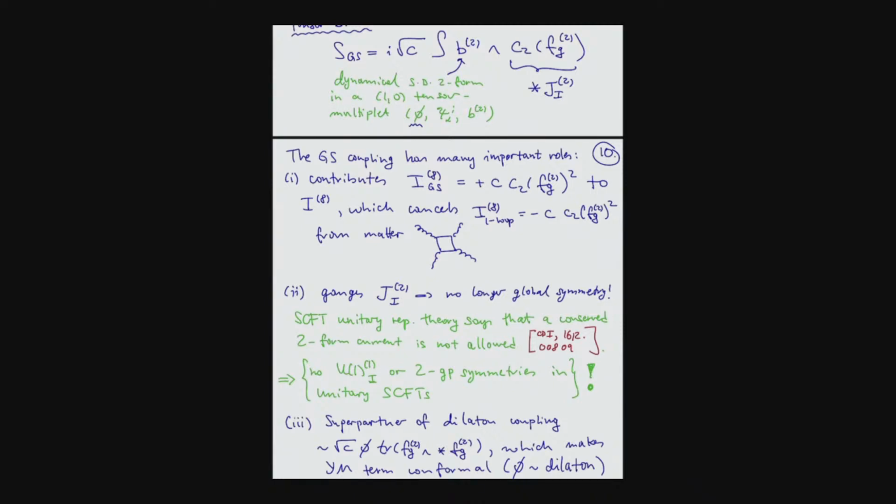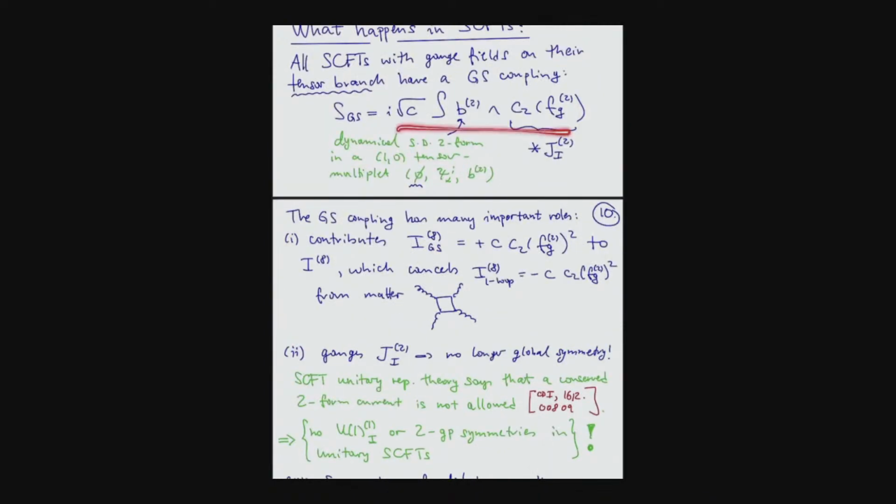Okay, so the moment you appreciate that this coupling has to be there, then the role of this current, which before we said was a global two-form symmetry current, changes. If you take a global symmetry current and you couple it to a dynamical gauge field, then it's no longer a global symmetry current. It has been gauged, right?